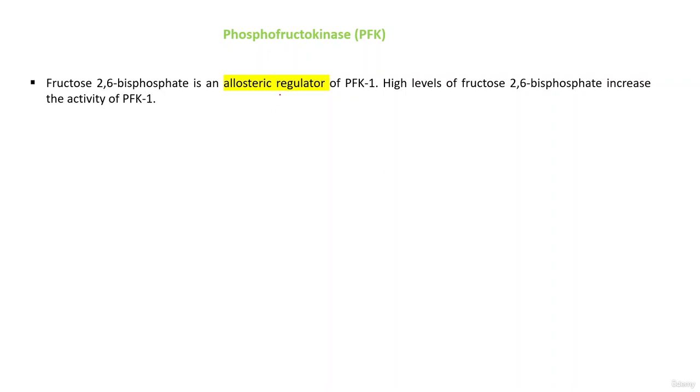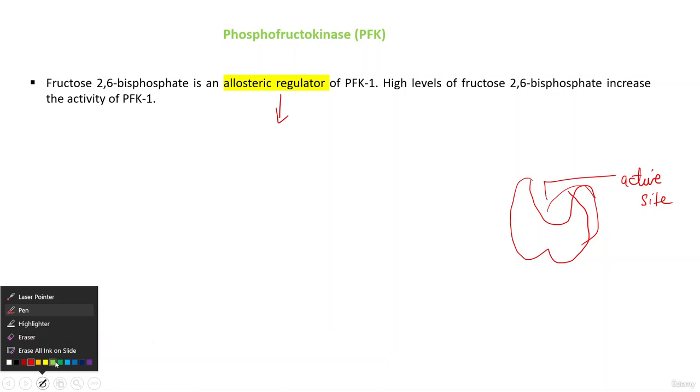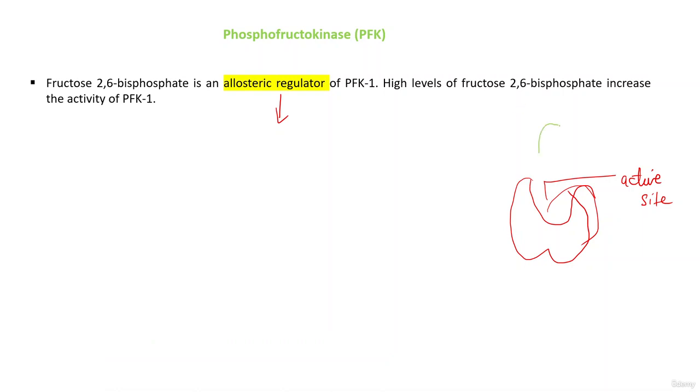So allosteric activator. Let me tell you about the allosteric activator. For example, this is an enzyme, and it has an active site for the substrate. This is my substrate.